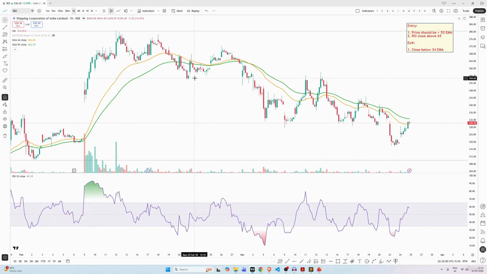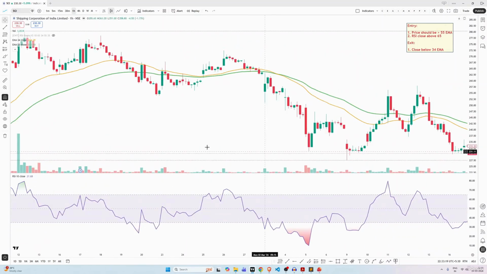How to execute it. Now if you look at this chart, this green line is our 55 period EMA. The price should be above this. First condition. Second, RSI close above 65. Right away, when I look at this chart, I see this upper boundary, if you remember, is 65, the lower boundary is 35, right?